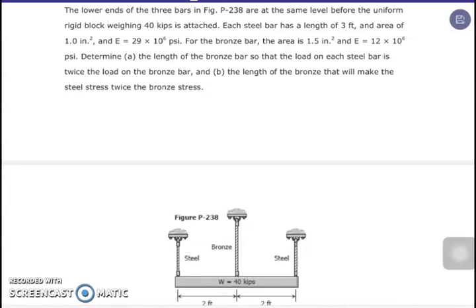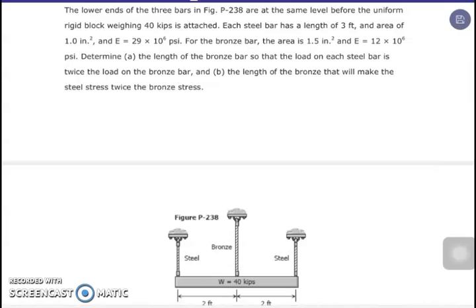Okay, problem number 3. The lower ends of the 3 bars shown in the figure are at the same level before the uniform rigid block weighing 40 kips is attached. Each steel bar has a length of 3 feet and an area of 1 inch squared, and E is 29 times 10 to the 6 psi.